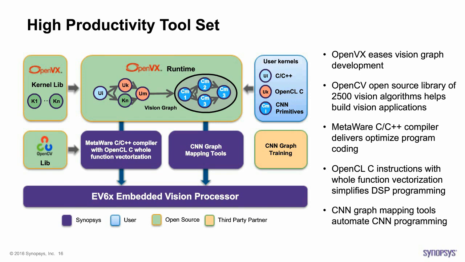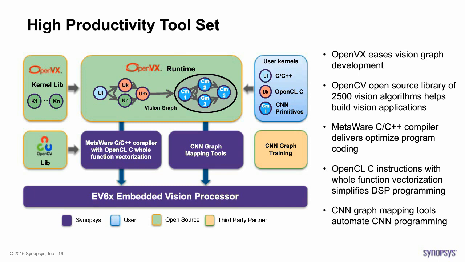We also have full support for the OpenCV library, and we're actively building additional kernels from the OpenCV library in addition to the OpenVX kernel library. We expect over the next year to have in the range of 75 to 100 of those kernels as well that we'll make available to the users of the processor. And those kernels can be put together to build a vision graph.